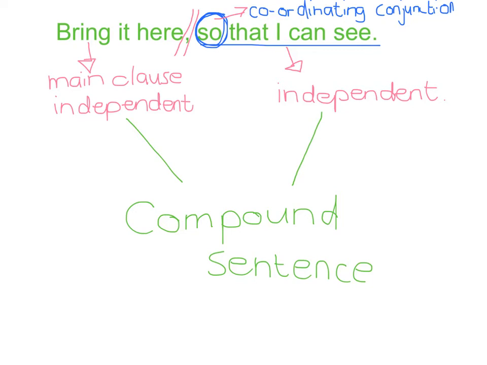The conjunction was so, and we know that so is one of the coordinating conjunctions. A coordinating conjunction turns a clause into an independent clause. We also know that the sentence has a main clause with no conjunction, and because I have two independent clauses, it's called a compound sentence.